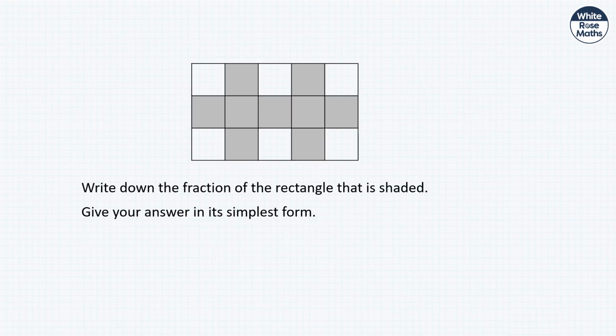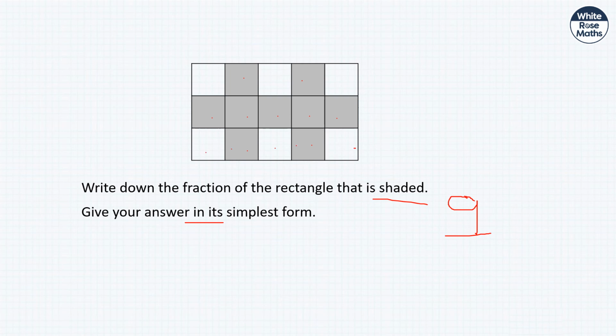This next one: write down the fraction of the rectangle that is shaded, give your answer in its simplest form. I've got 1, 2, 3, 4, 5, 6, 7, 8, 9, and then I've got 1, 2, 3, 4, 5.